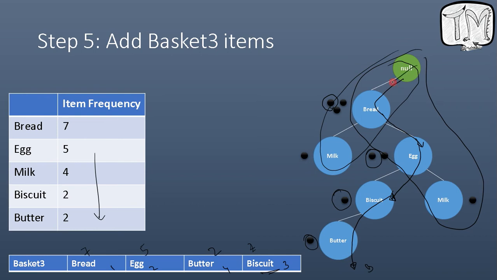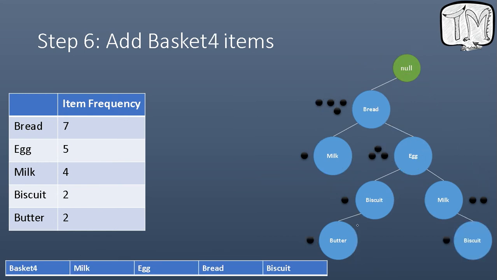Okay, so this entire chain here represents our basket 3. Okay, and these were the elements shopped in this basket, and it starts with the most frequent item in this basket: bread, then next frequent egg, biscuit, and butter, which is the least frequent in our entire data set.